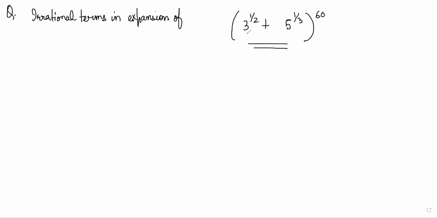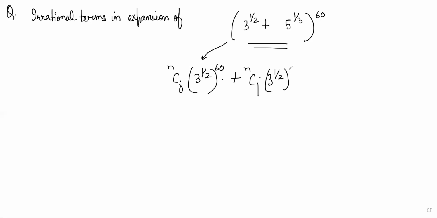This is fairly easy, I think, because anytime any power of half is left, it will be irrational, right? And similarly, anytime any power of 1 by 3 is left, it will be irrational, correct? So if you write the expansion here, it is NC0, 3 power half power 60. That's it. Then NC1, 3 power half power 59, 5 power 1 by 3 power 1, and so on, right?